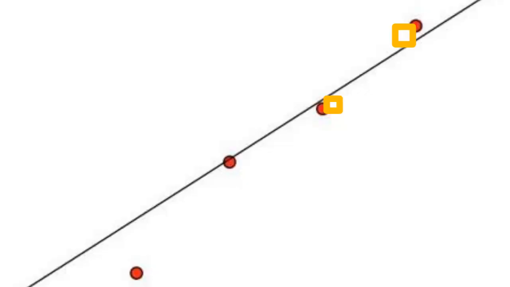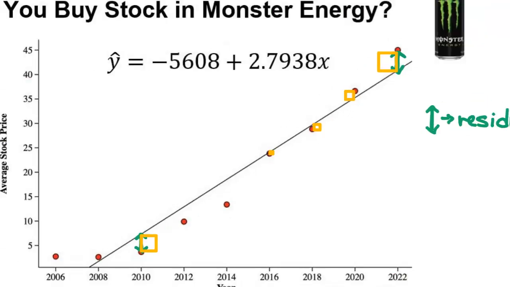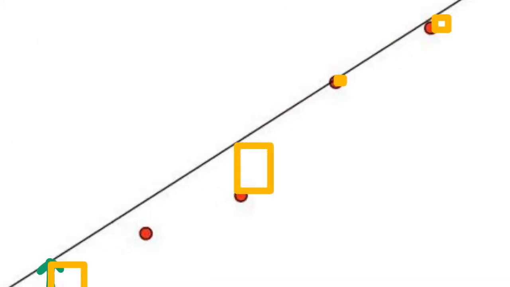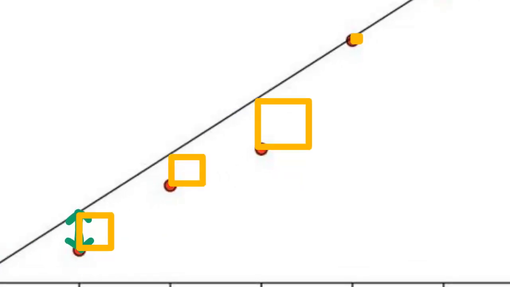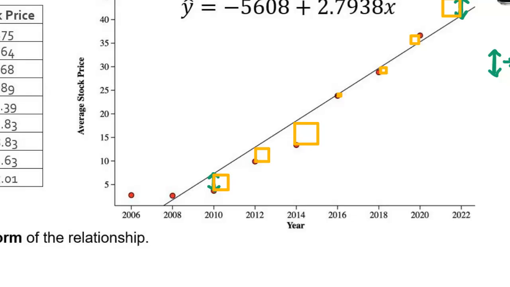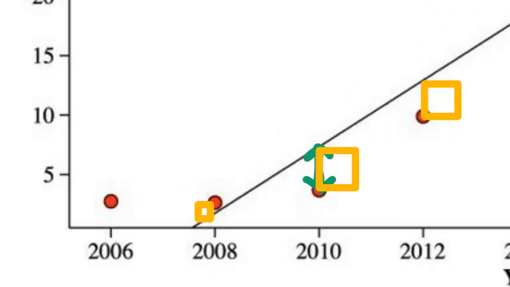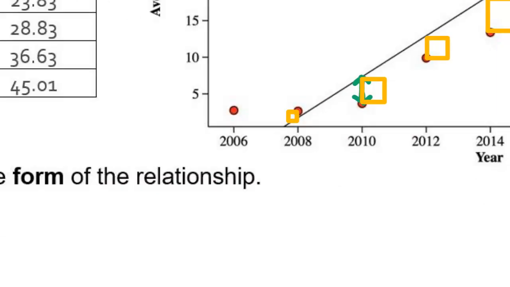Ooh, this one's tiny. And then I add those all up. The least squares regression line is the line that minimizes the sum. Sum means what? Addition.